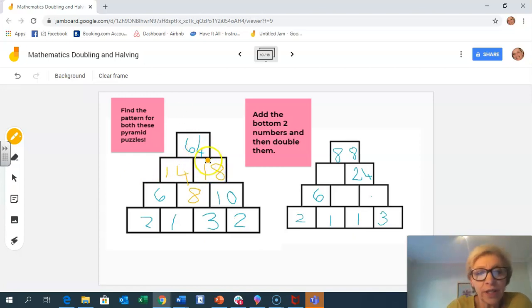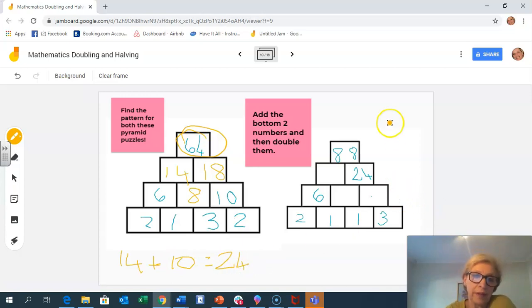All right, now let's have a look and see if that number there is correct or not. All right, so 14 plus 8, well, let's rather go 14 plus 10, is 24, plus 8 is 32, but remember, I have got to double this number.